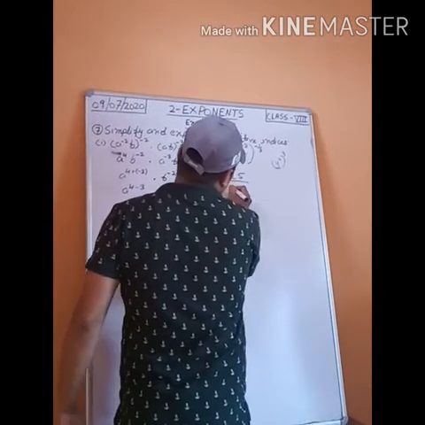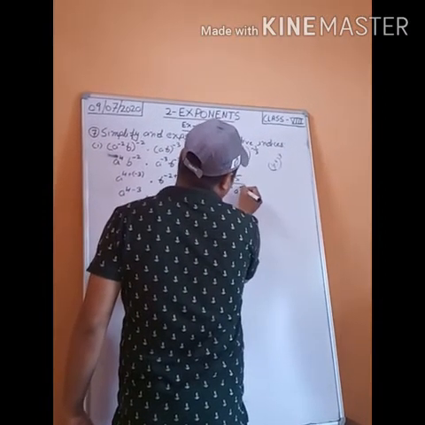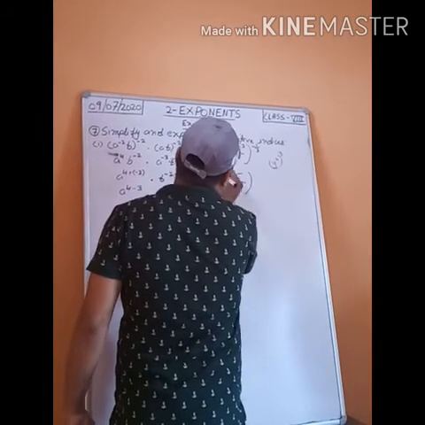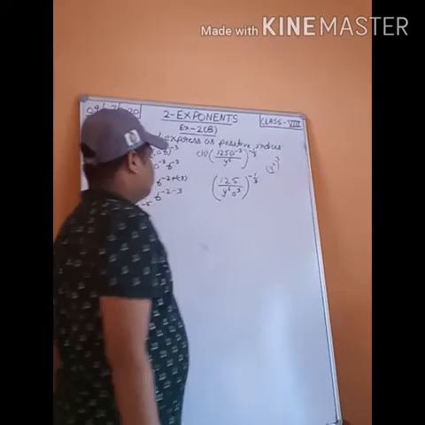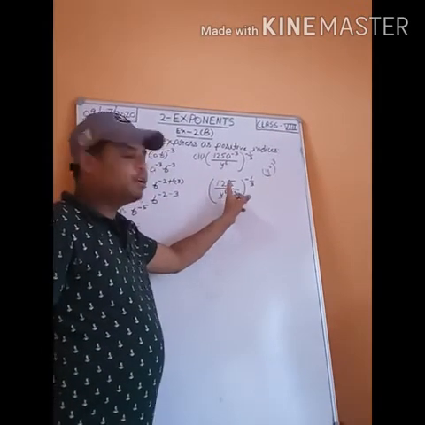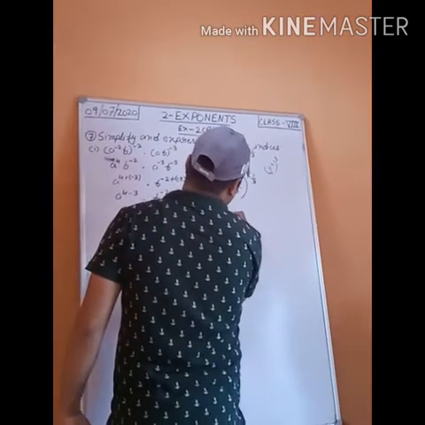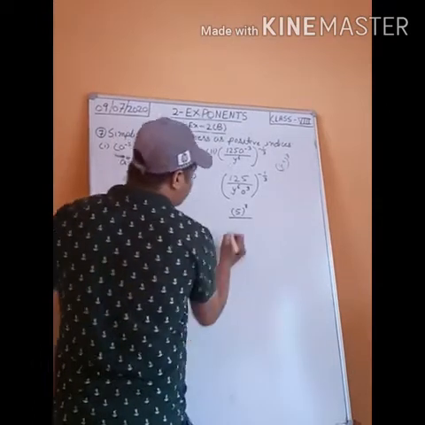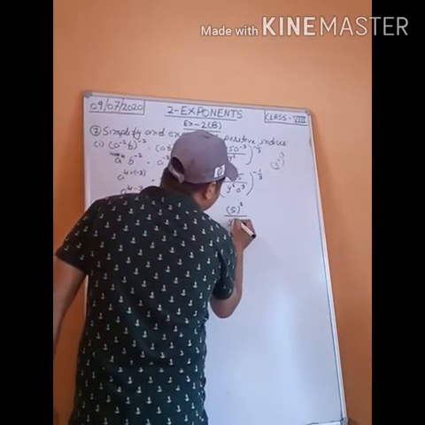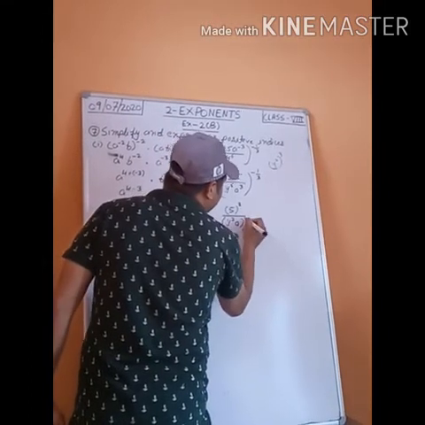So first we will take this a raised to the power minus 3 in the denominator because the power of a is negative. So 125 upon y raised to the power 6 a raised to the power 3, then its whole power minus 1 upon 3. So first we will write 125 as power 3, so 5 raised to the power 3. Then y raised to the power 2 a, then whole power 3.